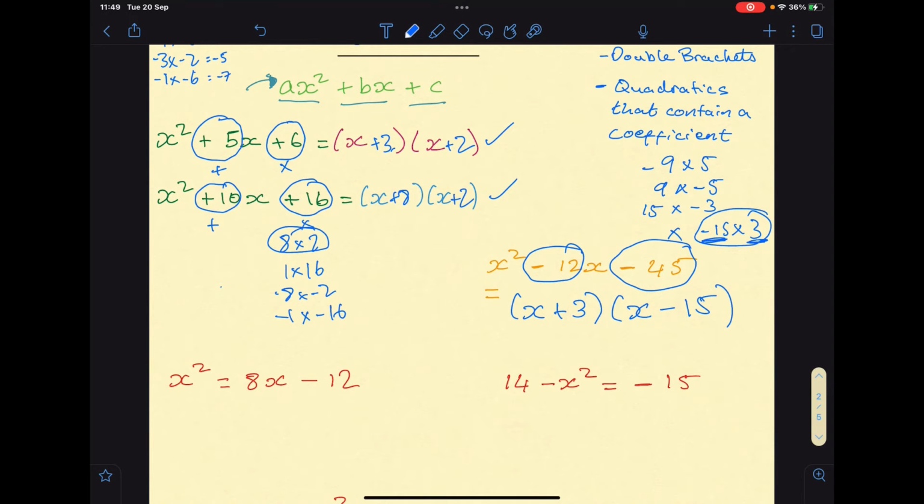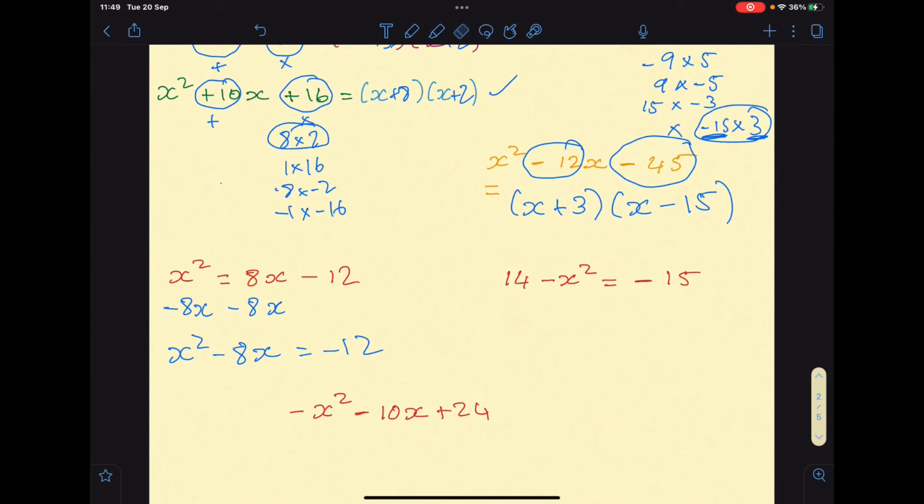Okay, so for this one, I'm just going to move everything to the left hand side. And when I move it to the left hand side, the sign changes. So I'm going to minus 8x on both sides first. So I get x squared minus 8x equals negative 12.